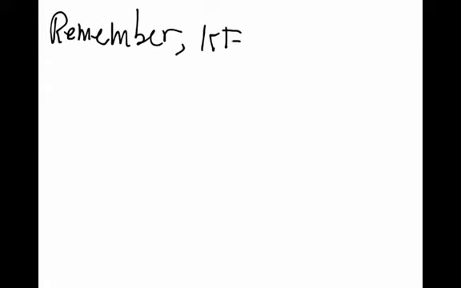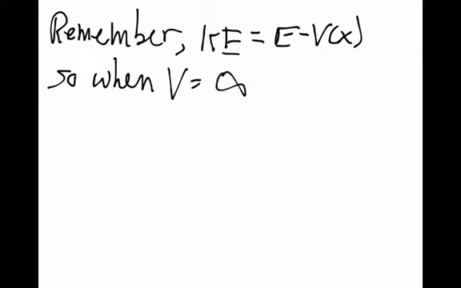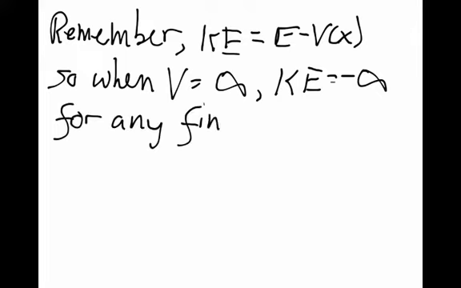Now going to infinity, that kind of matters too, because remember that the kinetic energy in any system is equal to the total energy minus the potential energy. So if the potential energy goes to infinity, that means that the kinetic energy basically is going to be minus infinity for any finite value of total energy.